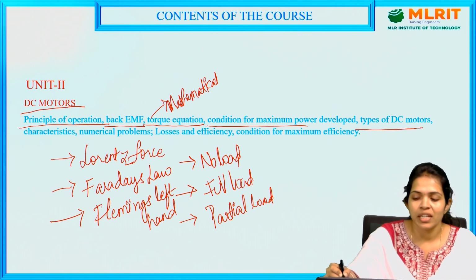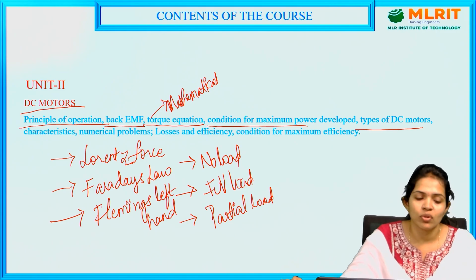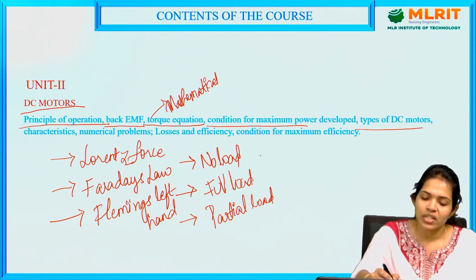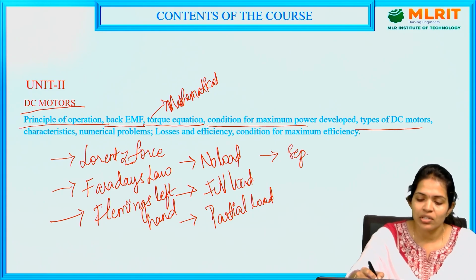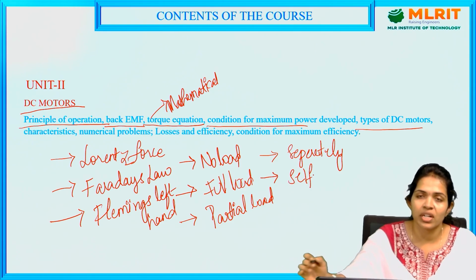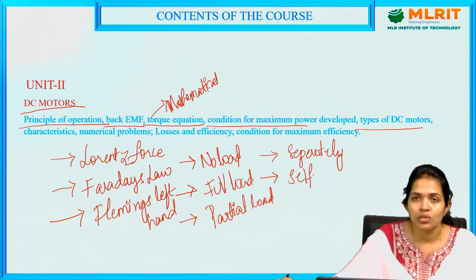Then we'll be studying in detail the types of DC motors, and under types of DC motors we'll be studying the classification. So we have separately excited machines and self-excited machines, same as in generators; we have the same classification in motors.